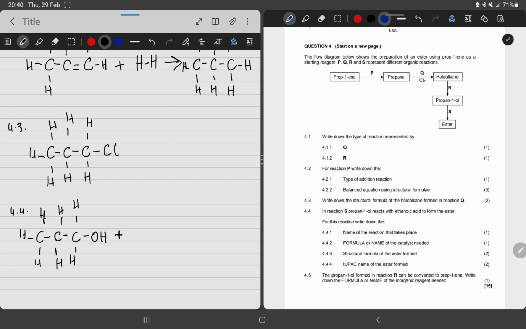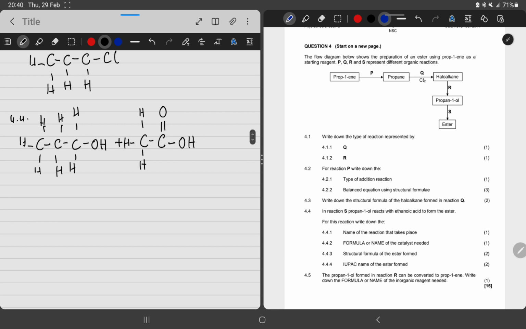Eth means 2 carbon atoms, and then ethanoic acid, we're just going to add the carbonyl group together with a hydroxyl group. That is the structural formulae of ethanoic acid. And then it produces the corresponding ester.